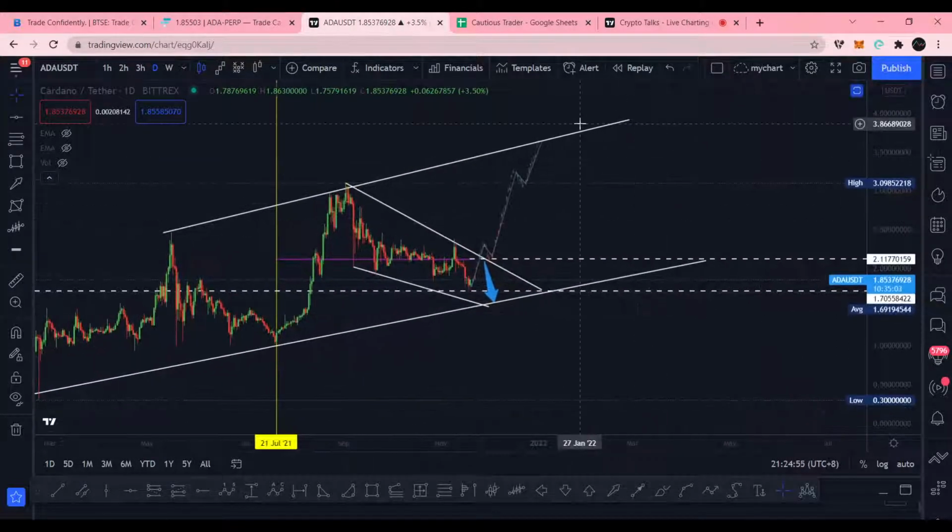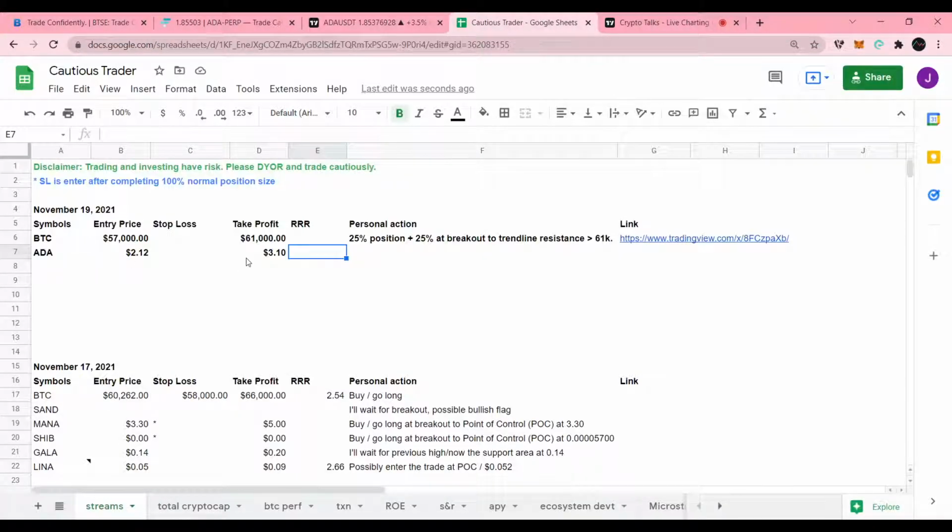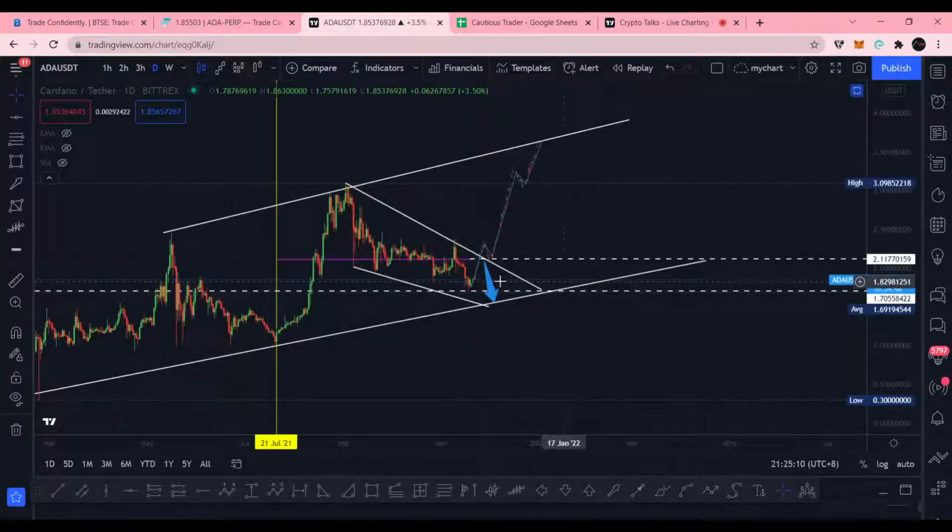So as you can see, this is mostly a short-term trade. And yeah, I think that's it. So the possible risk reward there, I'll just measure once it hits or breaks out of the downtrend area.